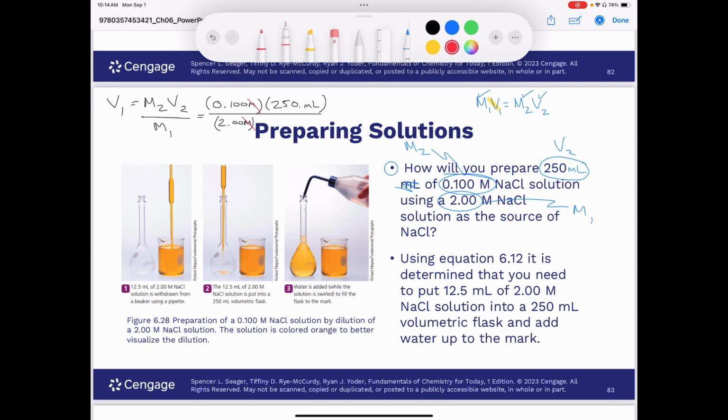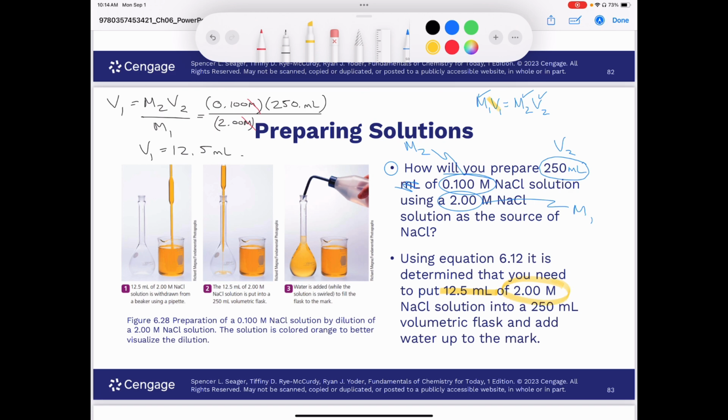So now if I take 0.1 times 250, which you don't really need a calculator for, that's 25, and I divide it by 2, I end up with 12 and a half. So my V1 is going to be equal to 12.5 milliliters.